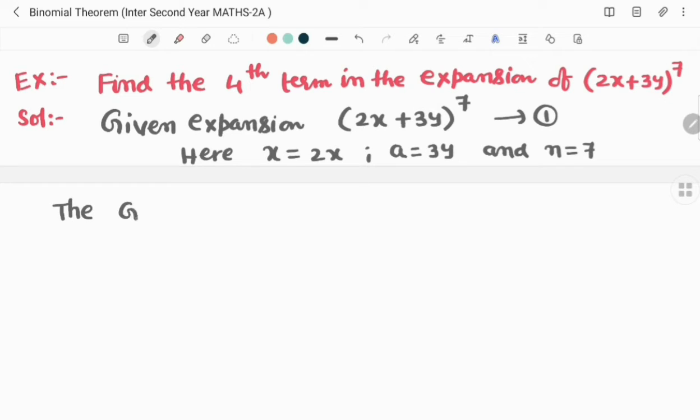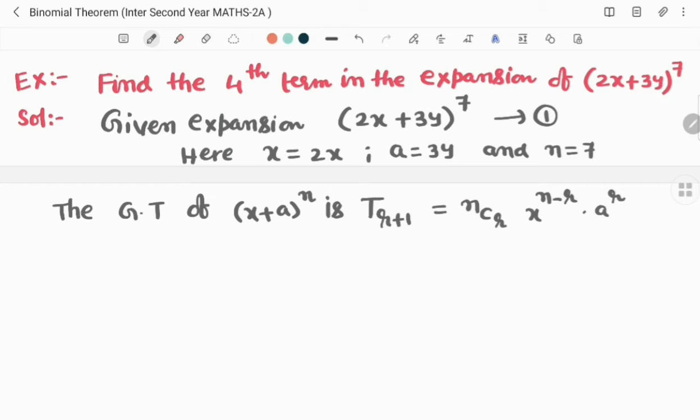The general term, the GT, general term of (x plus a) whole power n expansion is, better to write, T r plus 1 is equal to nCr x power n minus r a power r.